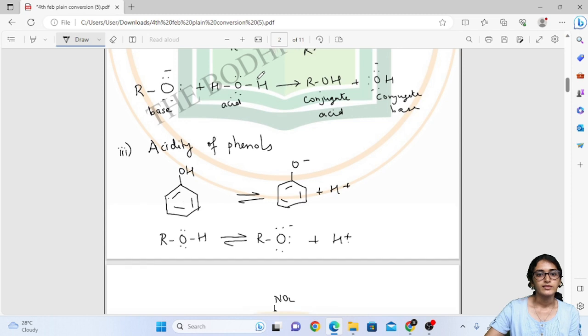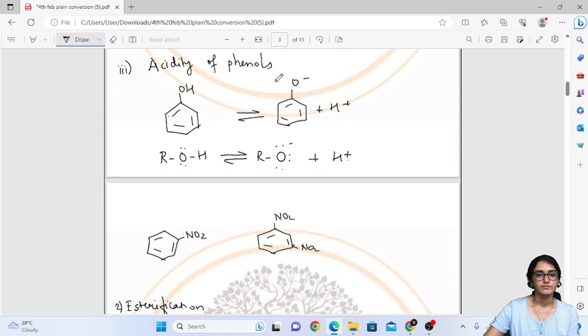Okay, then next is acidity of phenols. In phenols we have a benzene ring with an OH group. Now this OH group is attached to an sp2 hybridized carbon. The carbon which you can see here is sp2 hybridized.